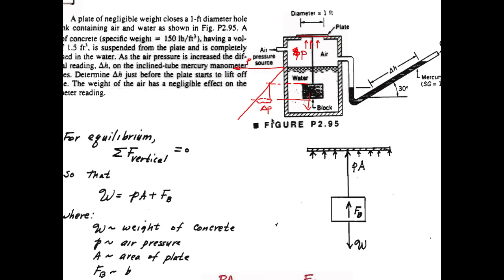And you know it well. In this particular case, delta P would be equal to this height multiplied by the unit weight of the fluid, whatever the fluid is, water in this particular case.